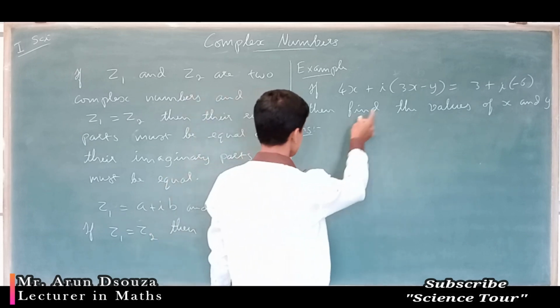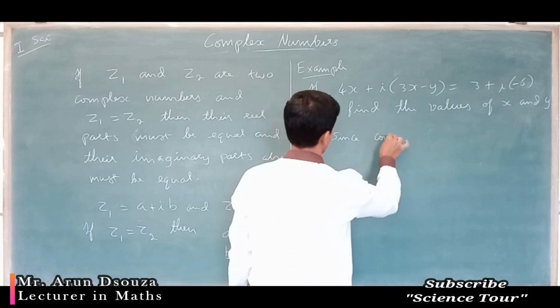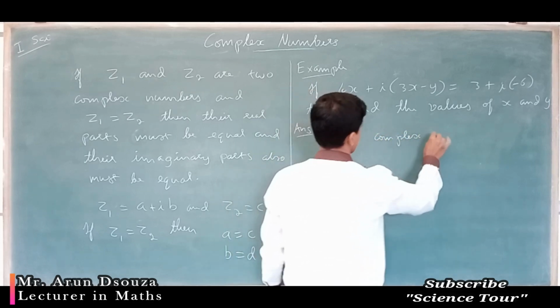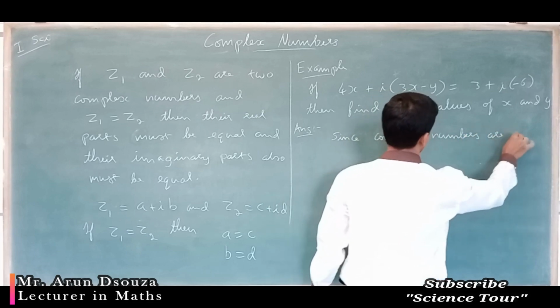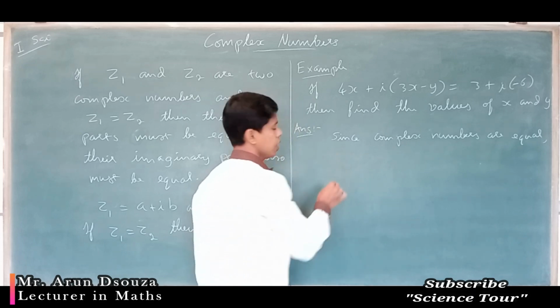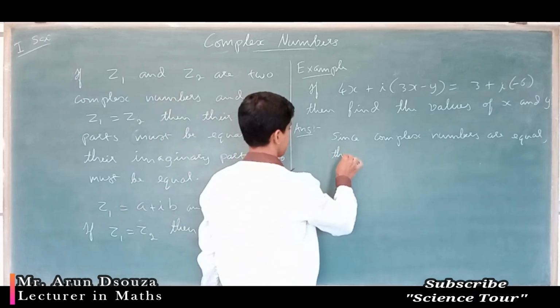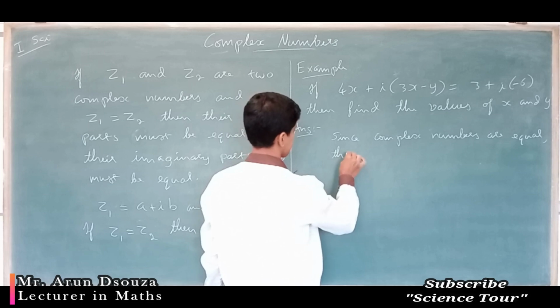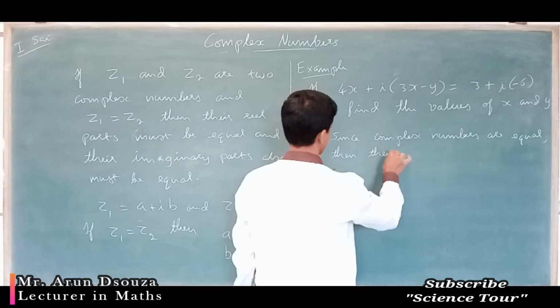Since the complex numbers are equal, their real and imaginary parts must be equal.